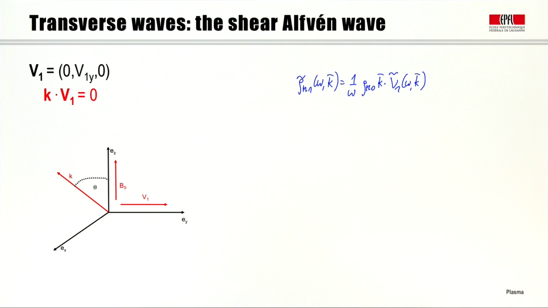But k and V are perpendicular to each other, therefore also k and V tilde are perpendicular to each other, so rho m1 tilde equals 0. There is no perturbed mass density. Transverse waves are non-compressional. We have then two remaining equations that link B tilde 1y and V tilde 1y.